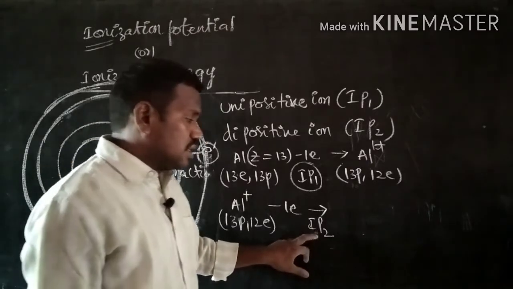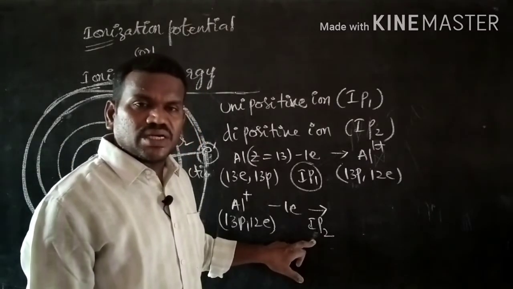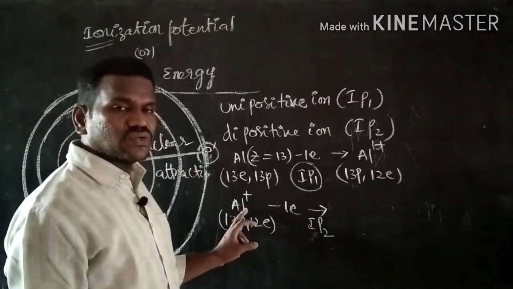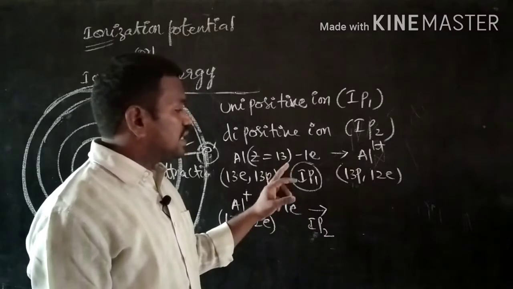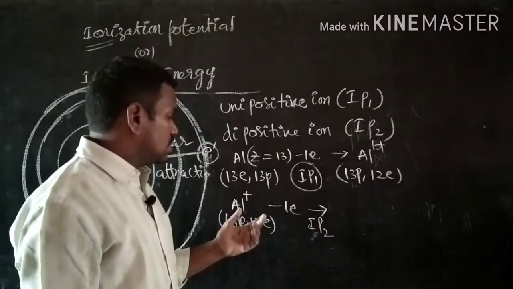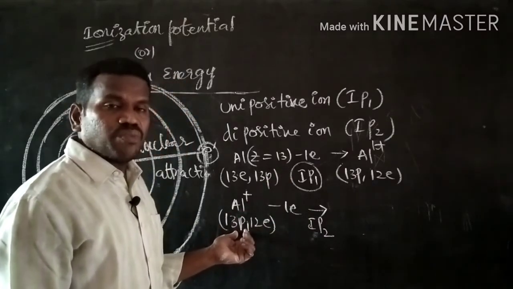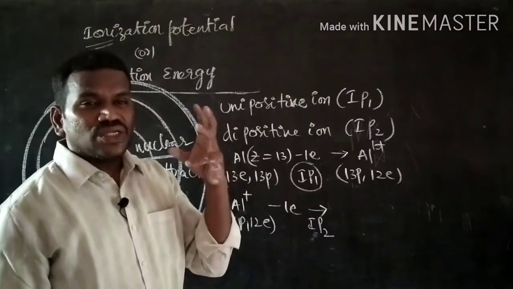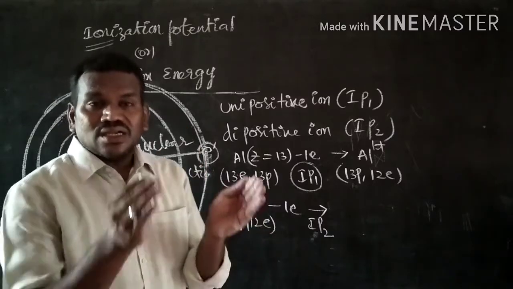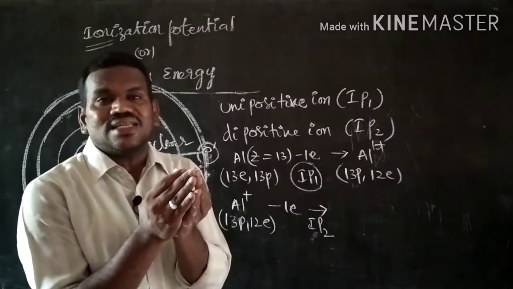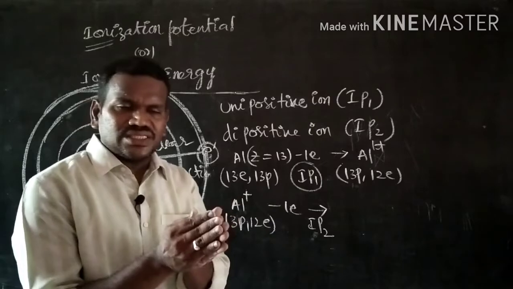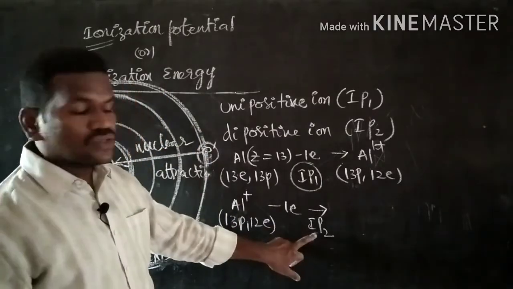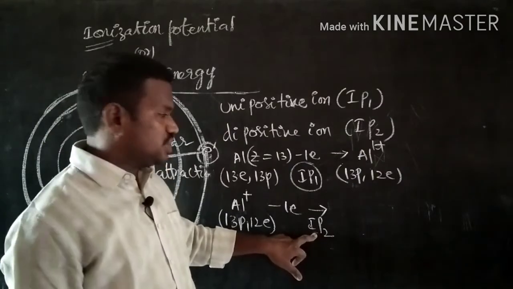IP2 is the energy we supply to remove the electron from a uni-positive ion. We should supply more than previous because the more protons attract the electrons towards themselves. This means nuclear attraction is increasing, atomic size gradually decreases. As the size decreases, the nuclear attraction will be more. For that purpose, you should supply more energy.